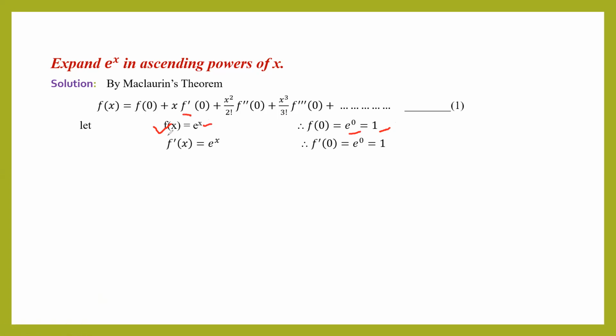we'll differentiate this function with respect to x, and the derivative of e raised to x is e raised to x. Again, when you replace x by 0, you will get f dash of 0 as e raised to 0 and its value is 1.